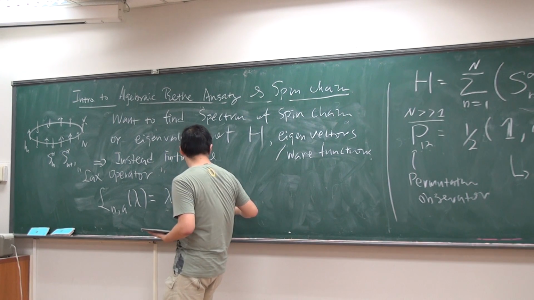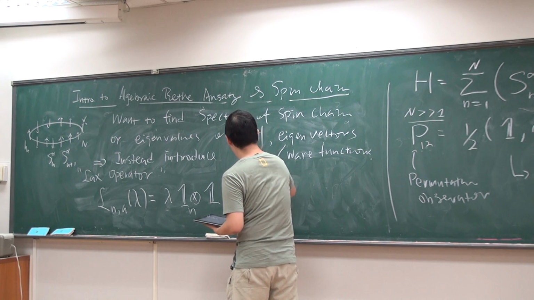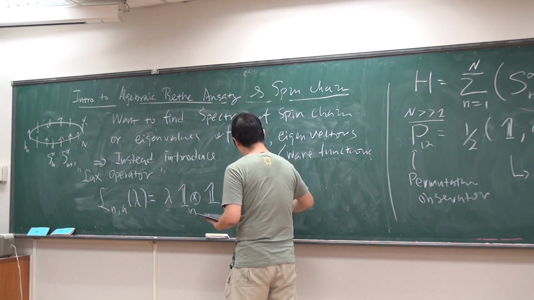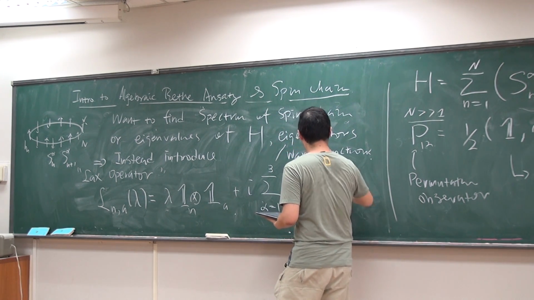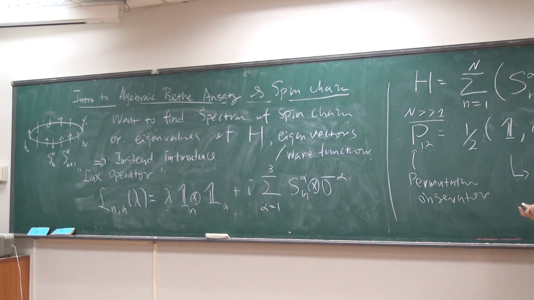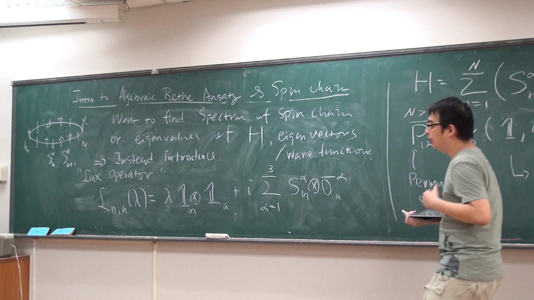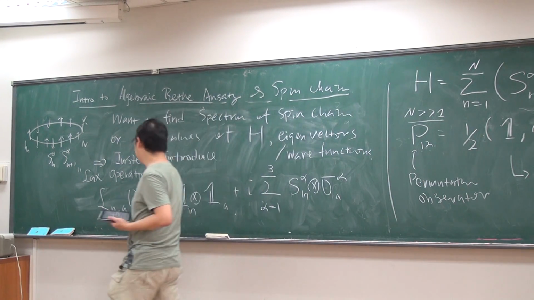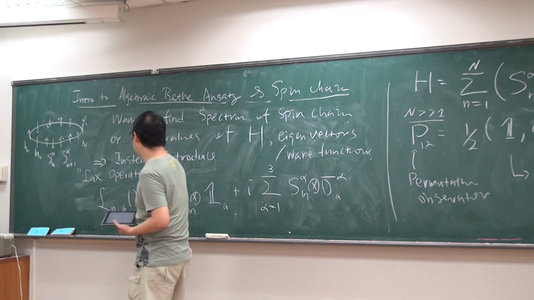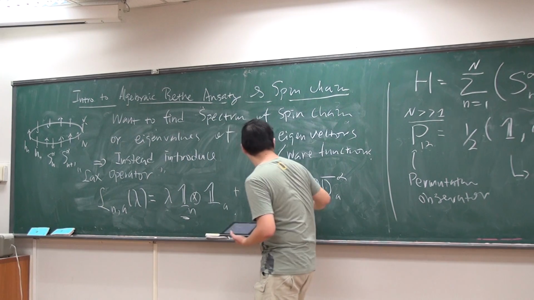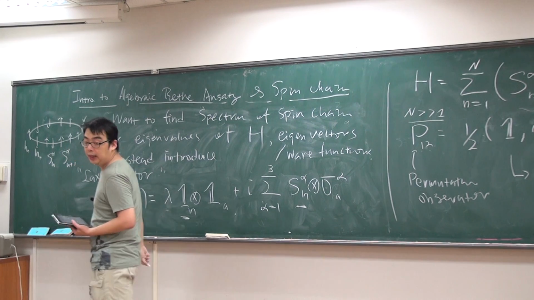I'll explain all those indices momentarily. Basically, n here simply labels each of the lattice sites, and this part acts on the Hilbert space sitting at site n.